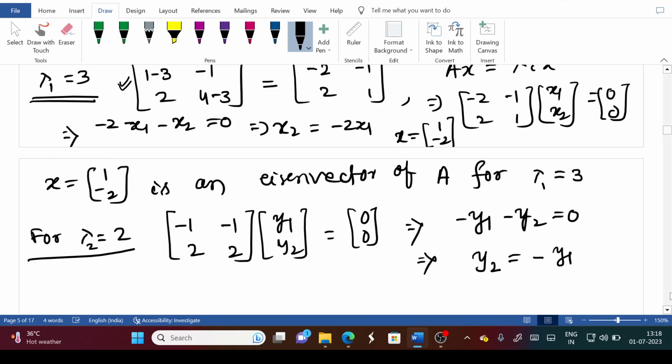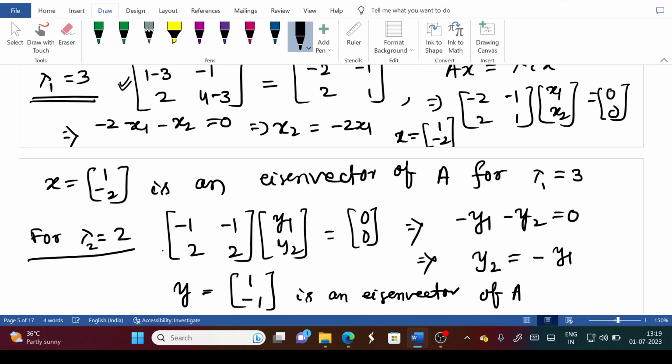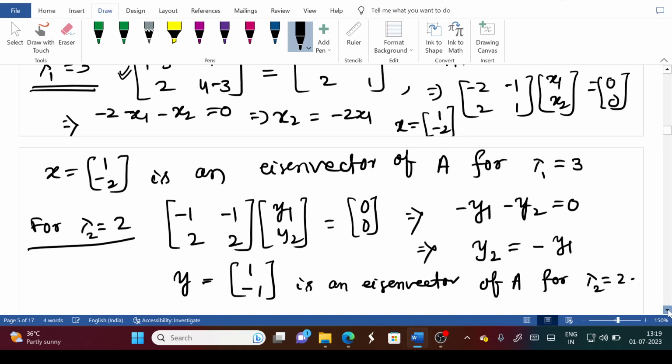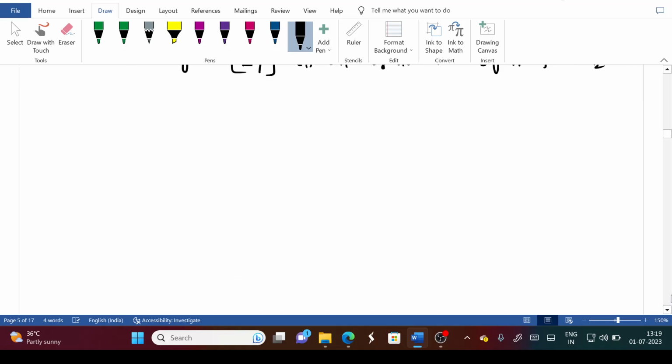So the eigenvector y is equal to [1, -1], an eigenvector of A for lambda is equal to 2. So we got all the eigenvectors and eigenvalues required.